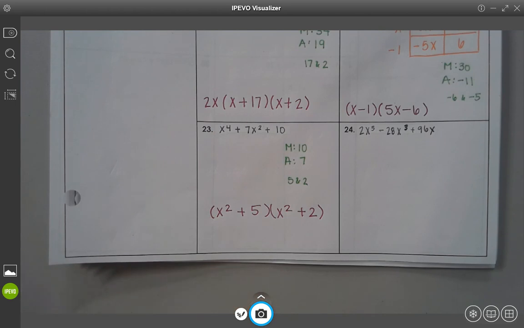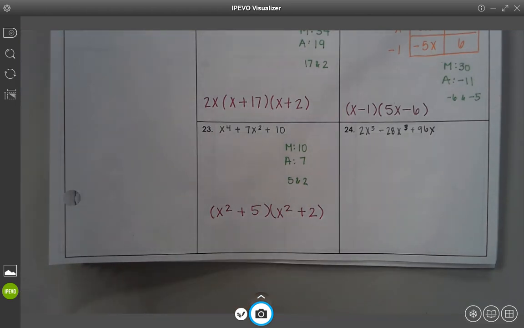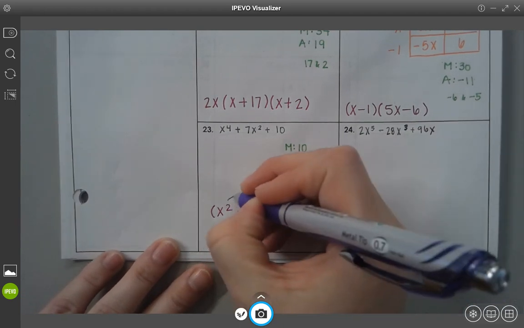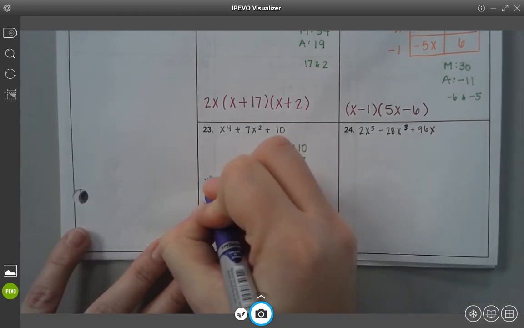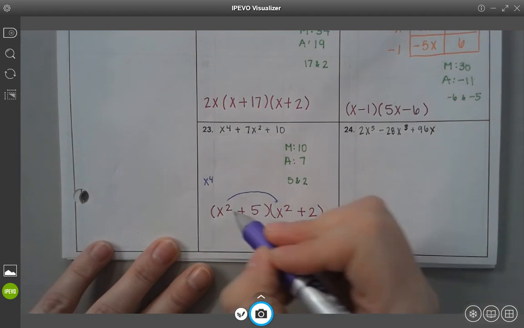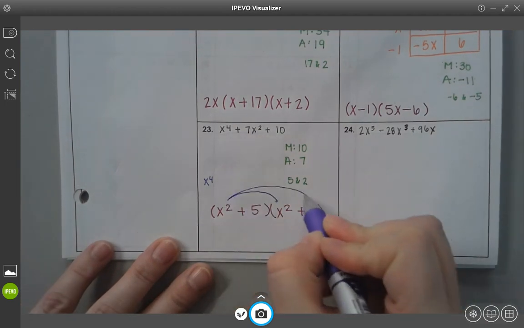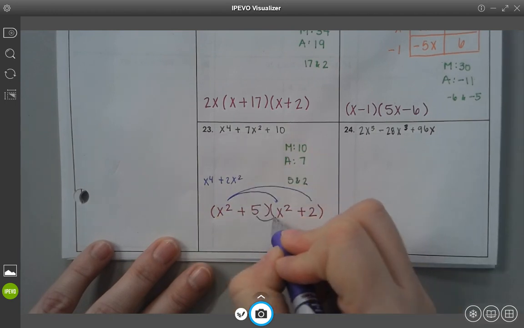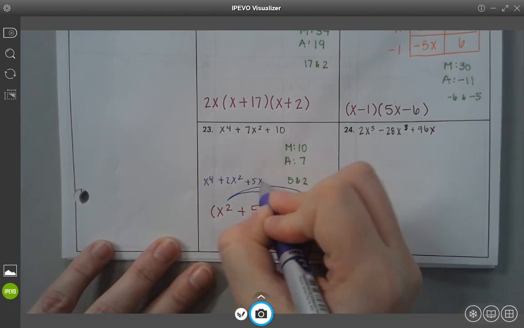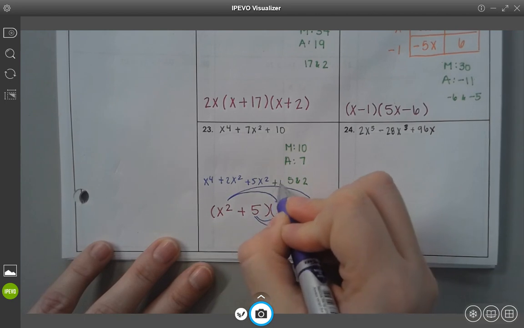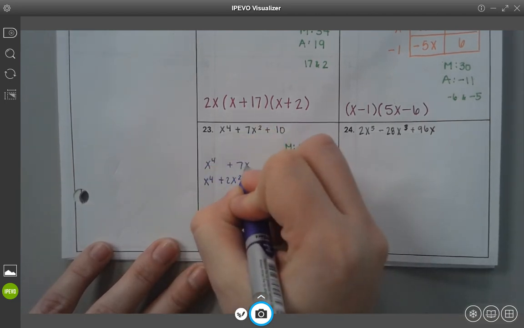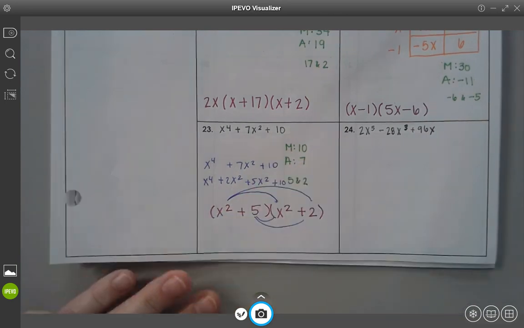And if you want to check that, if you were to go back and multiply, FOIL this out, x squared times x squared is x to the 4th. That would be plus 2x squared plus 5x squared plus 10, which is x to the 4th plus 7x squared plus 10.